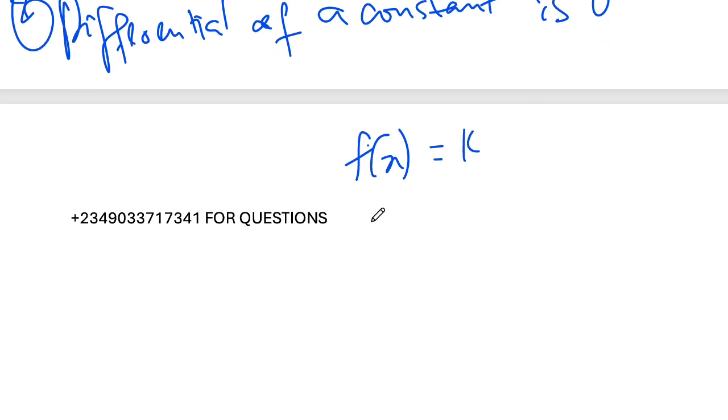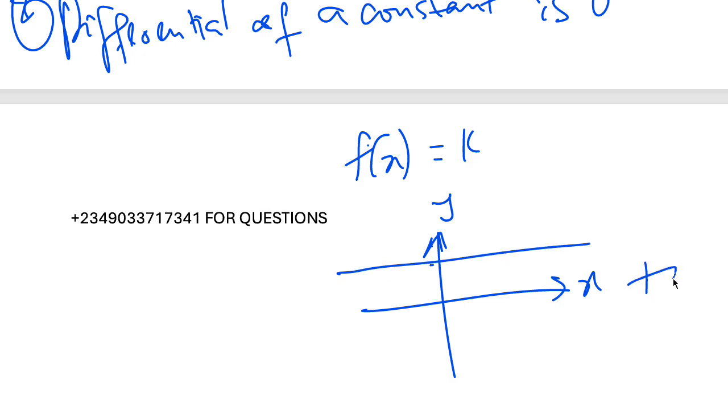We plotted the graph of f of x equals k on the xy coordinates, and it could even be on the negative side. So why is it 0? Remember, the derivative is talking about the change in y with respect to x. So there is no change in the value of y. If there is no change in the value of y and the values of x are changing, 0 over anything is what?